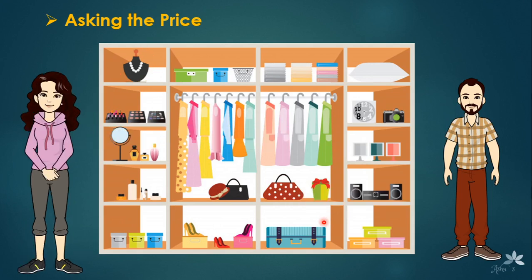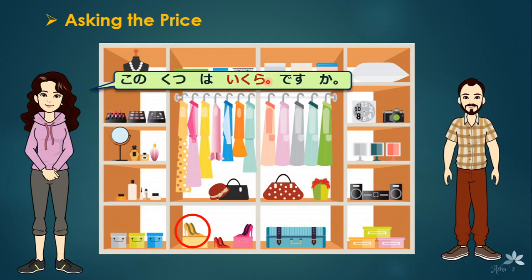Let's look into another example. Now she wants to know the price of this item here. So she says, kono kutsu wa ikura desu ka? Kutsu means shoes.